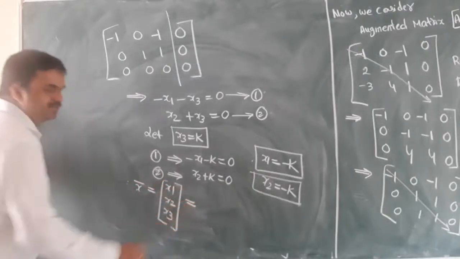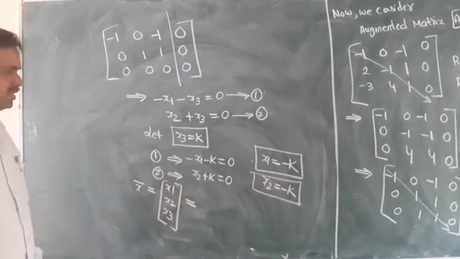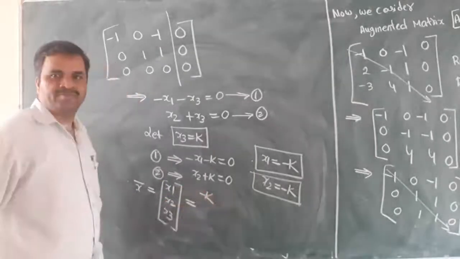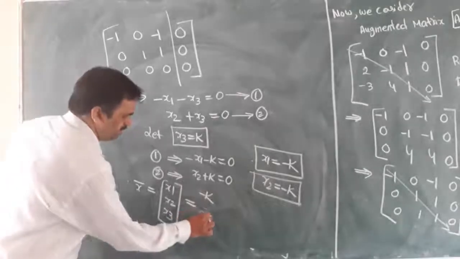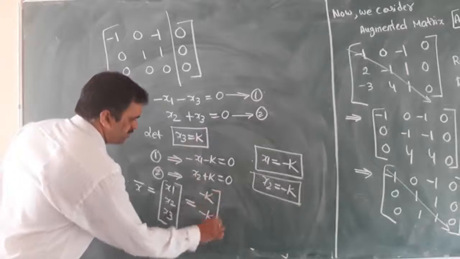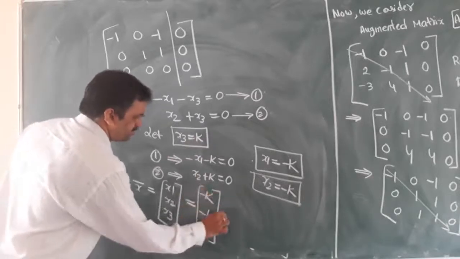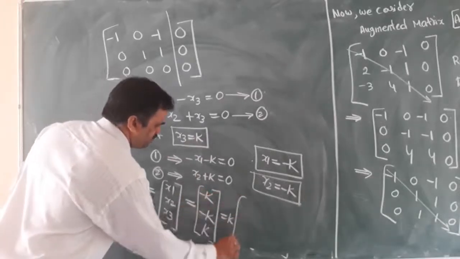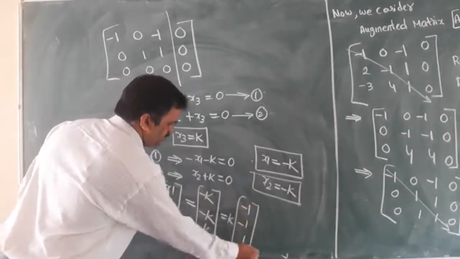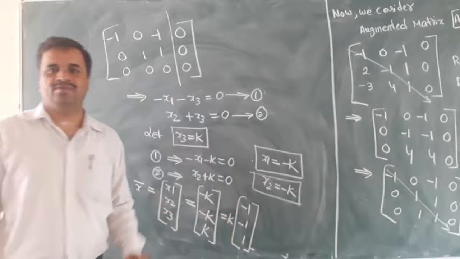What is the x1 value? Minus k. x2 value? Minus k. x3 value? k. Now take k common: k times minus 1, minus 1, 1.